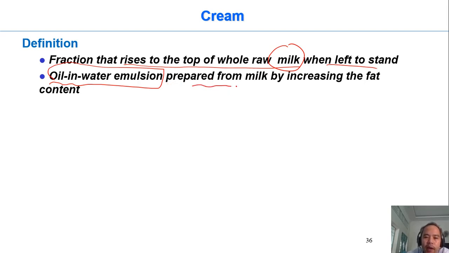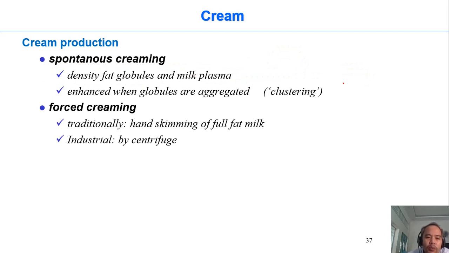It is prepared from milk by increasing the fat content. How to prepare it? Either we do it spontaneously, meaning we leave milk for a while and then the fat globules will rise up to the top, and we can take that fraction. Or we do forced creaming.